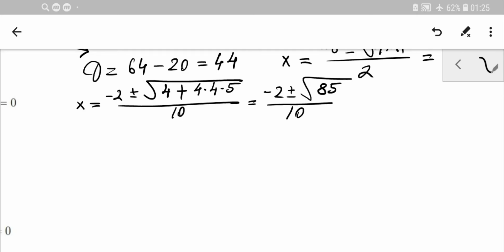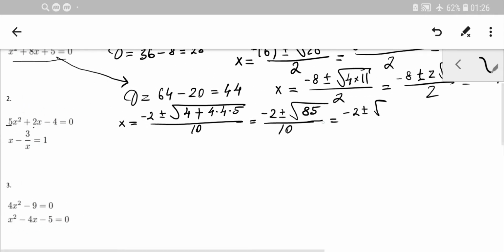So obviously 85 we can factorize, I mean split into 2 factors. Let's say 85 is 5 times what? It's obviously divisible by 5, so 5 times 17.